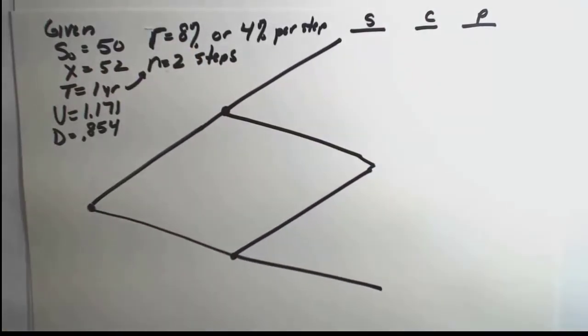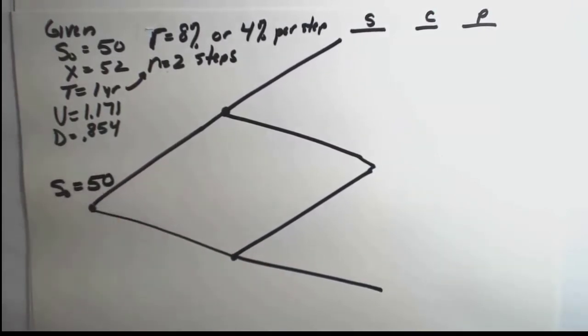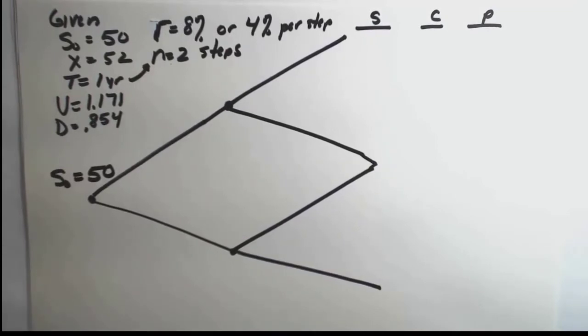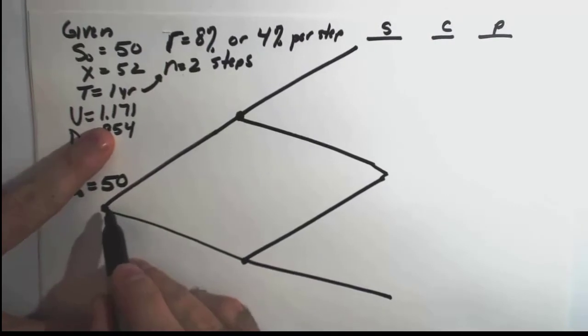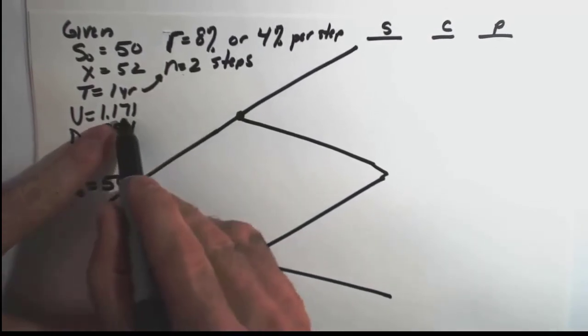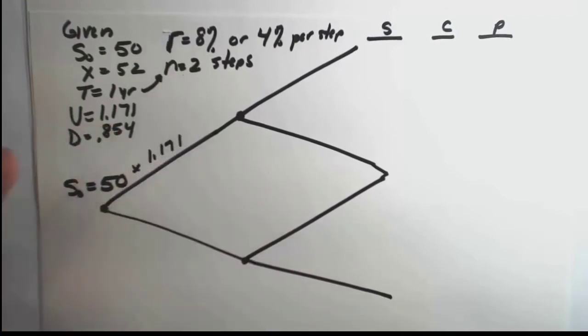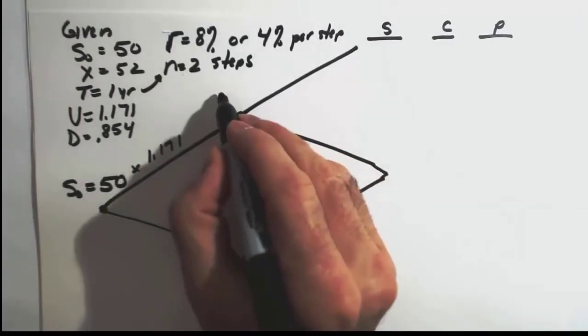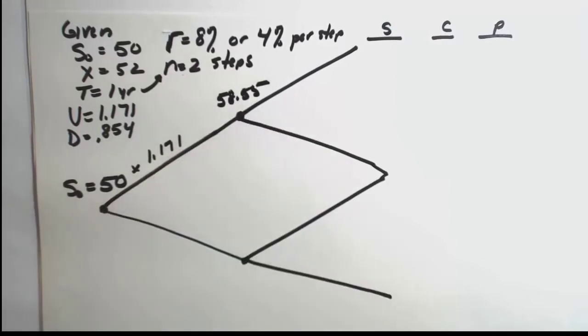And so we have a stock price today of $50 as given. What this U is saying is that the stock at this point can go up. You basically multiply it by 1.171. In other words, the stock can go up 17.1%, and that would mean in 6 months the stock would be $58.55.